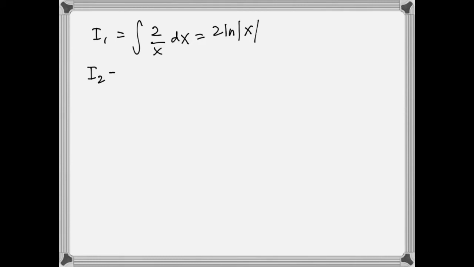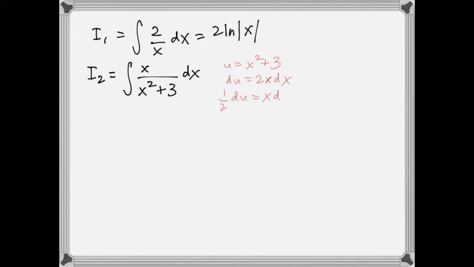What about I2? Remember we have an x, and then we have x squared plus 3. So look at it carefully, right? If we let u equal the denominator, then du is going to be 2x, and that's going to absorb the top. So I'm going to let u equal x squared plus 3. That means du is equal to 2x dx, or 1/2 du is equal to x dx.